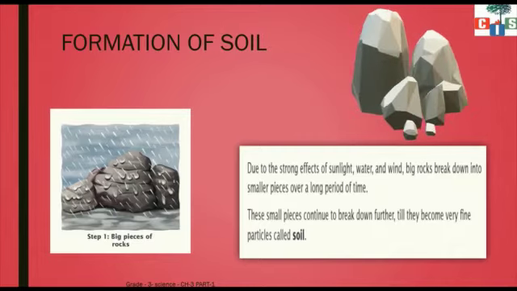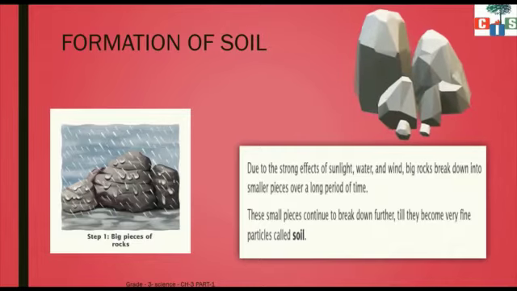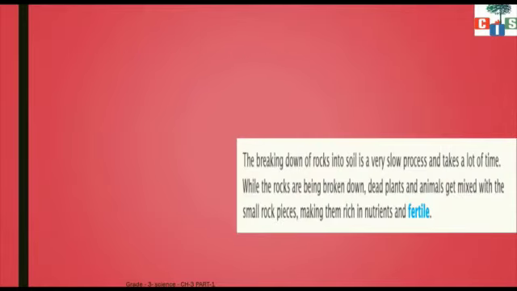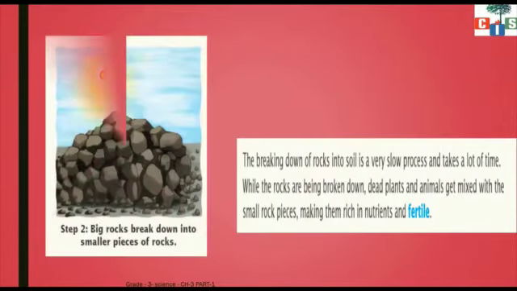In the image, the big rocks are now broken down into smaller pieces of rocks. The breaking down of rocks into soil is a very slow process and it takes a lot of time. Lot of time means lot of years.